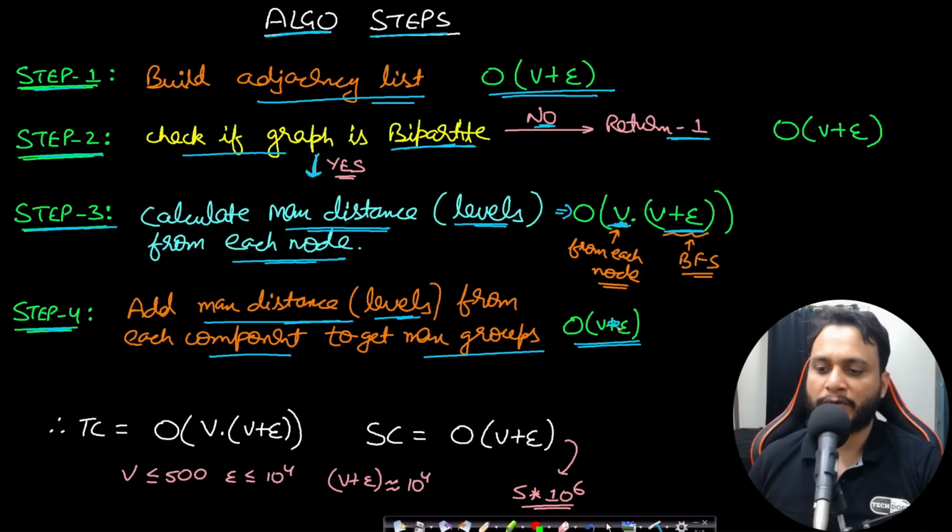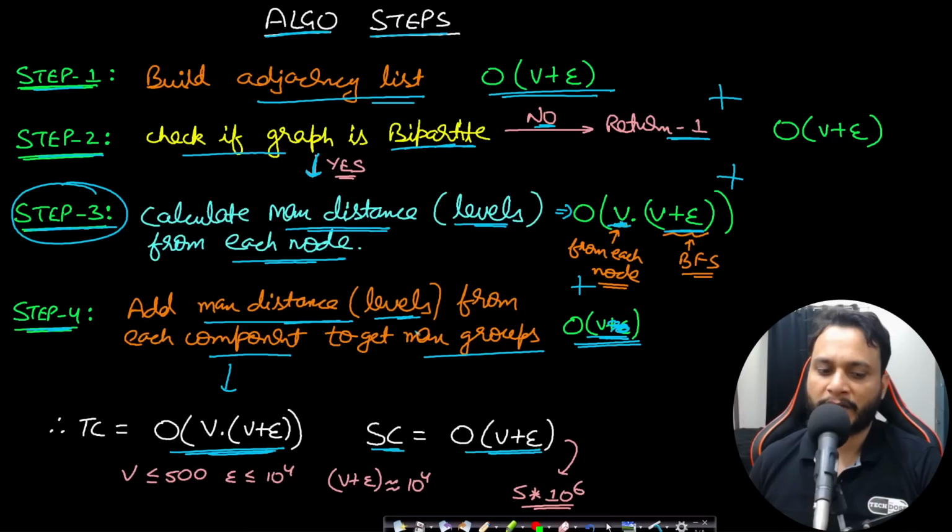So this will take only order of V time, right? The entire time complexity will be all of these complexities added because all these steps are done one after another. So the total time complexity will be defined by step number 3, which is the most time taking step: order of V into V plus E, and the space complexity is order of V plus E.